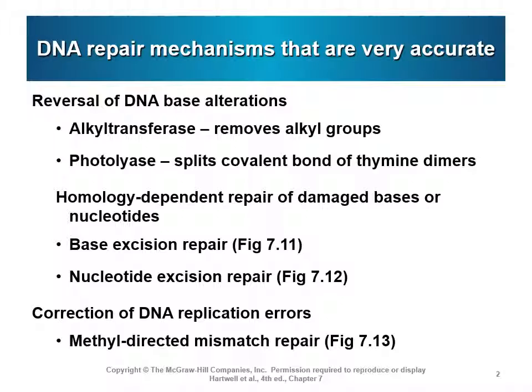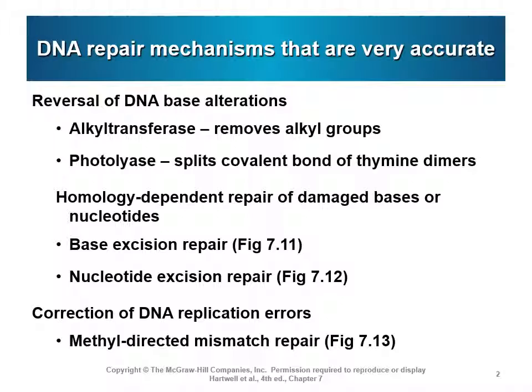So when we talk about repair of damaged bases, homology-dependent repair, it is important to remember that damage does not mean mutated genetic information. Then for the repair, there are two classes of repair mechanisms here: base excision repair and nucleotide excision repair.